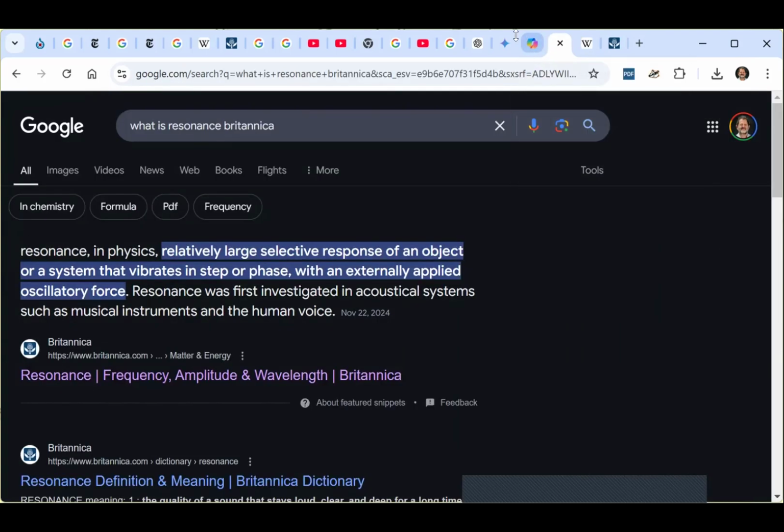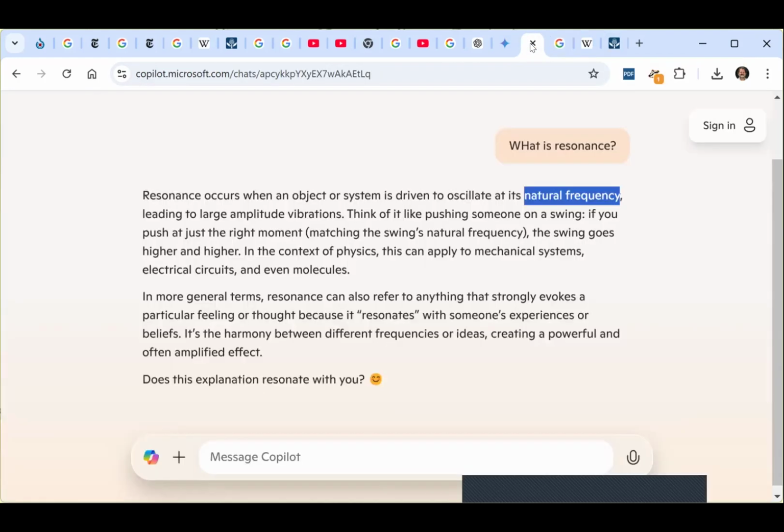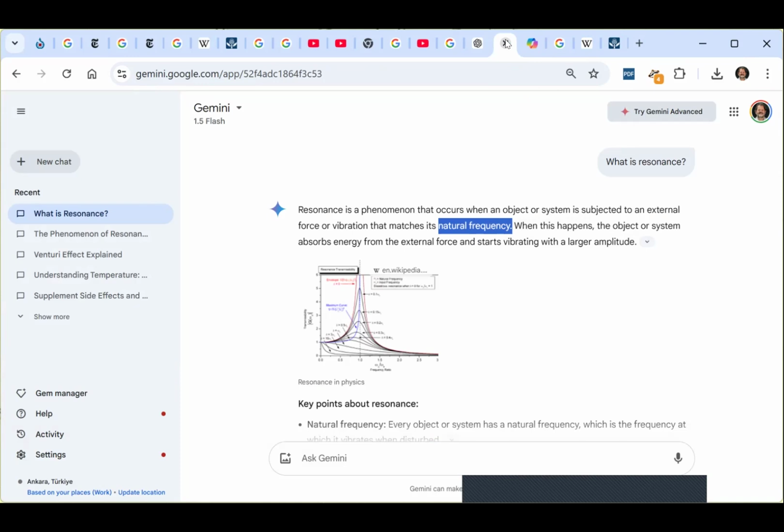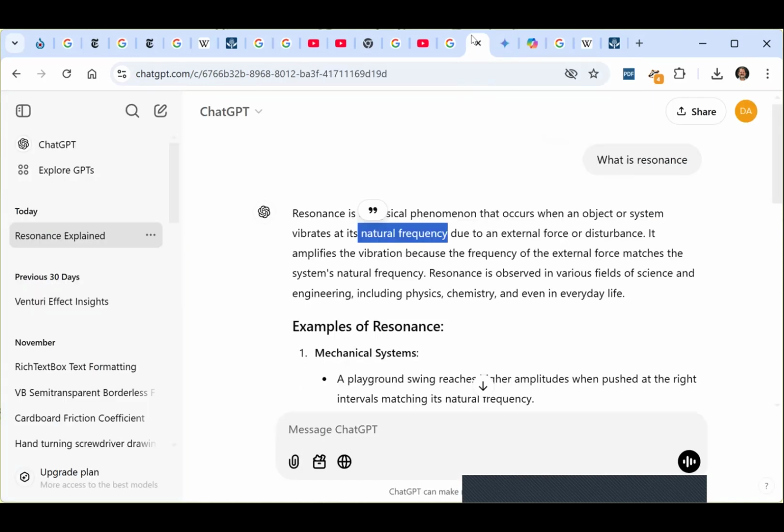And what we get out of, for example, Copilot or Gemini or ChatGPT, those things are more simple. It turns out it's not true. It's not just the natural frequency.